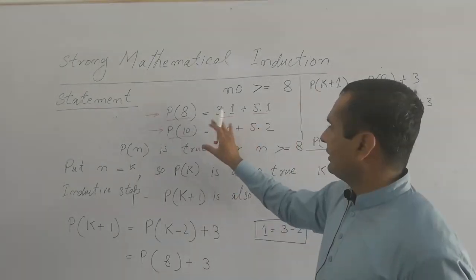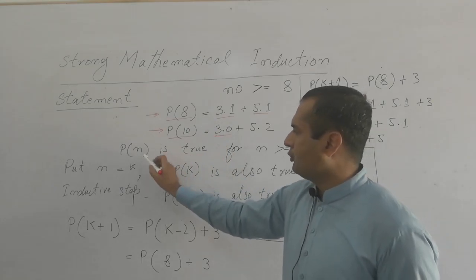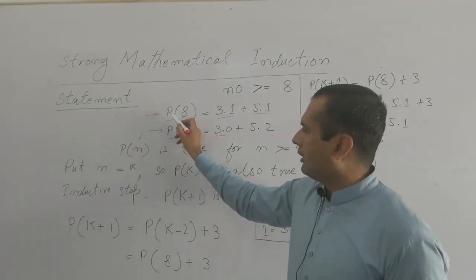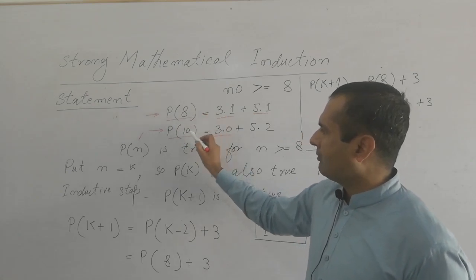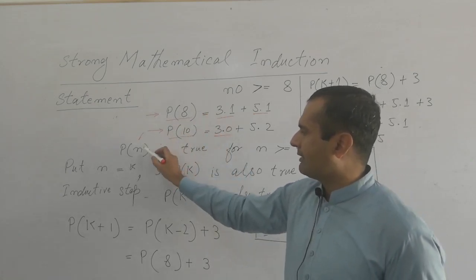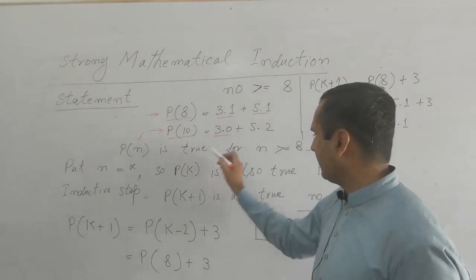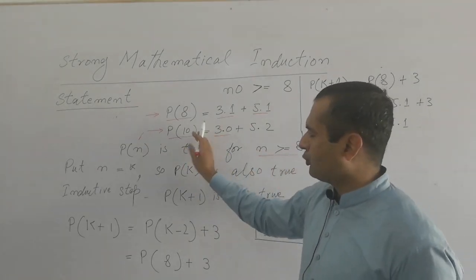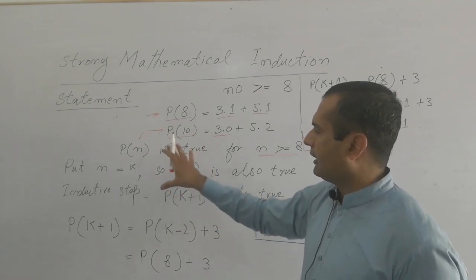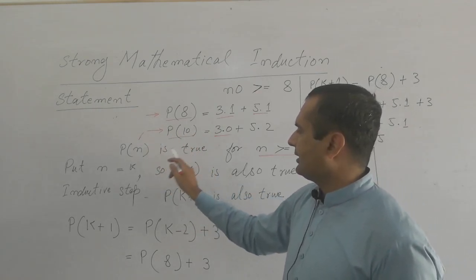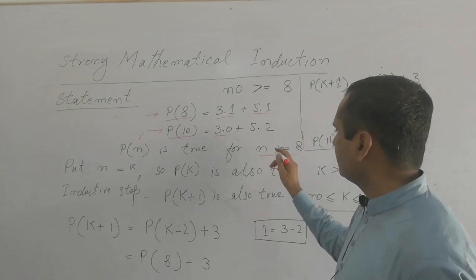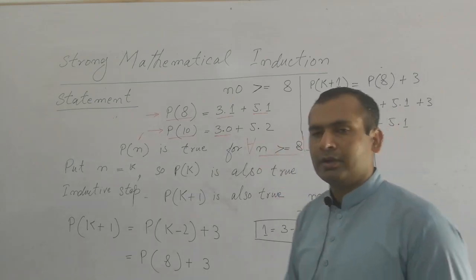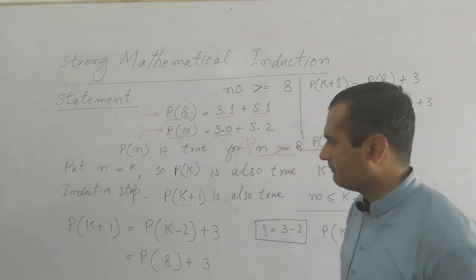So it is true for any number n, but that number must be greater than or equal to 8. Here I have written that this statement is true because we proved in our basic steps that Pn is true for every n greater than or equal to 8.